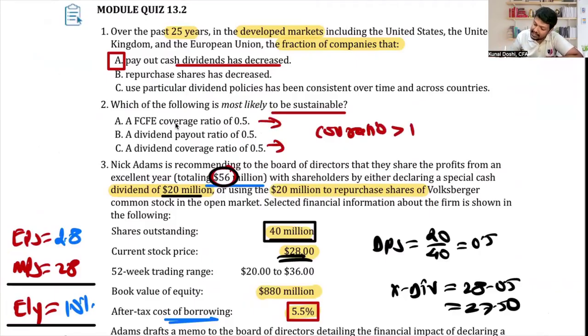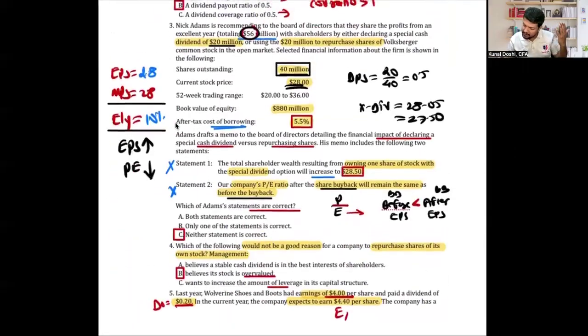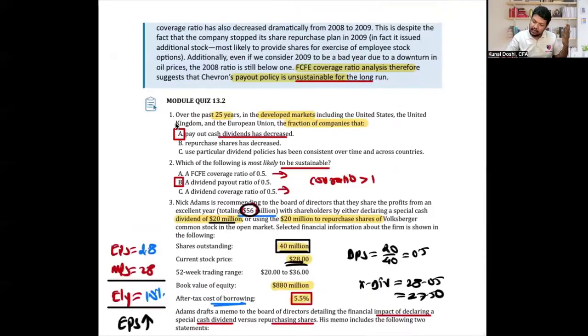Then it is sustainable. In this case, both are below one, so they are not sustainable. But a payout ratio of 0.5 means the coverage ratio is 2 times, which is sustainable. So the only thing sustainable is B. Got it, everyone?